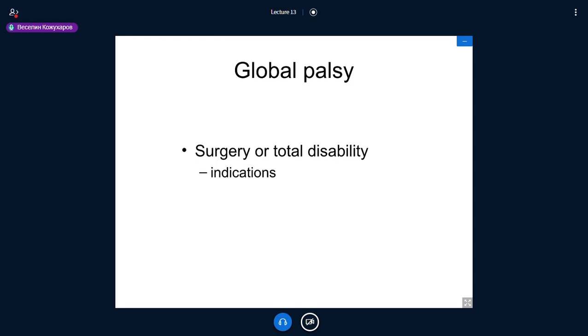Global palsy is the most difficult to treat. Usually, the period of immobilization doesn't improve the condition of the patient.